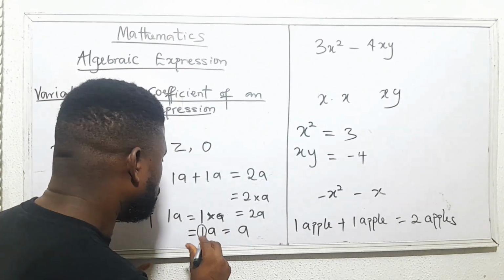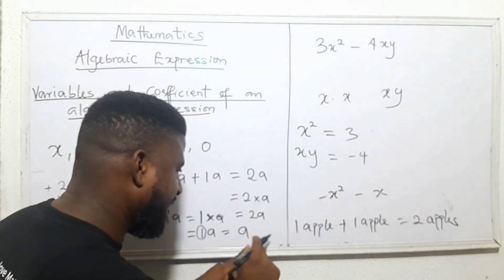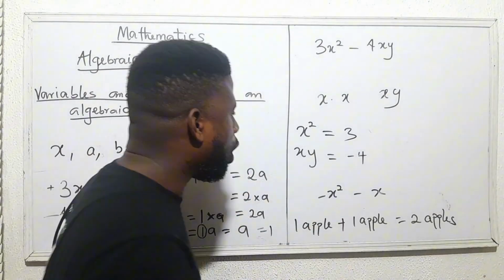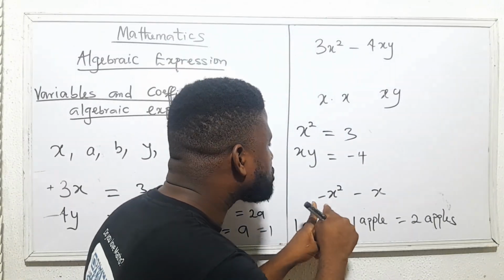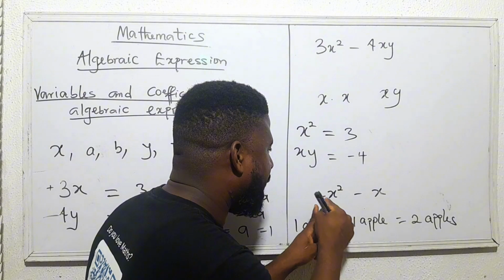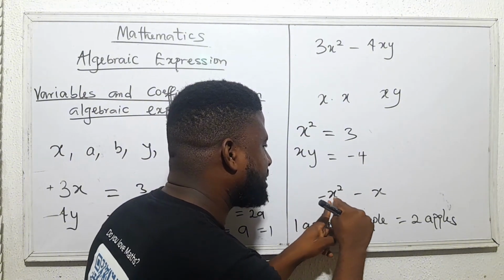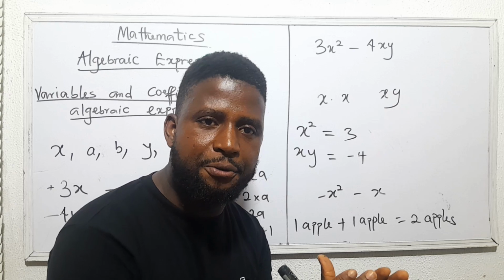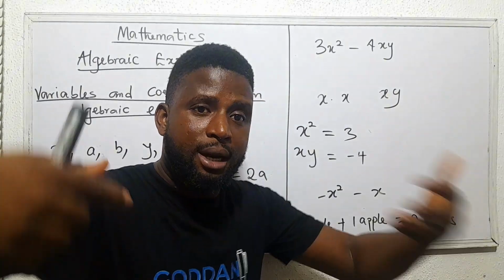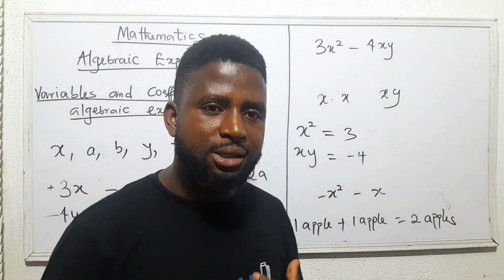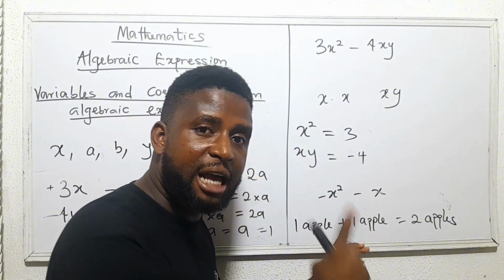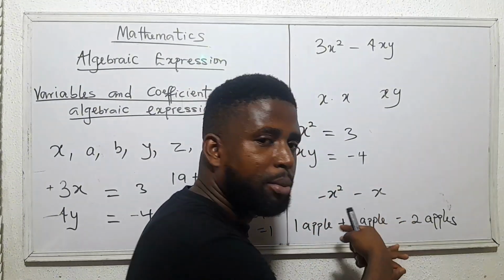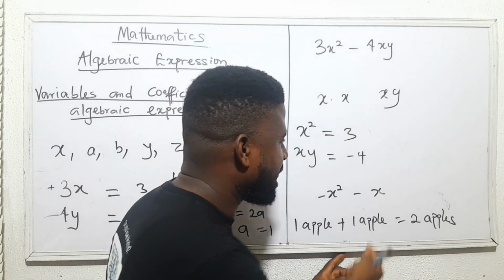So the coefficient of a in a is what? 1. The same thing here: the number that multiplies x squared is 1, because if you multiply anything by 1, it gives you that thing back. So x squared had been multiplied by 1 for us to get x squared. X had also been multiplied by 1 to get x.